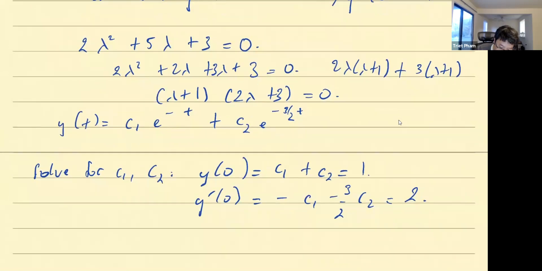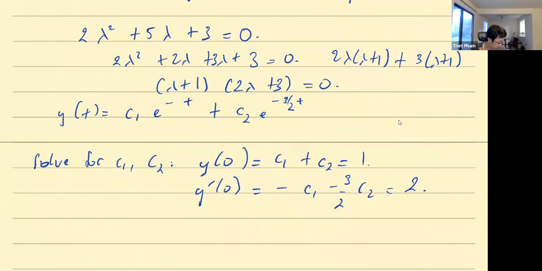All right. So that's all I want to say about second order linear ODE with constant coefficients, homogeneous. Let's move on to 2.4. Actually, maybe let me say something real quick.